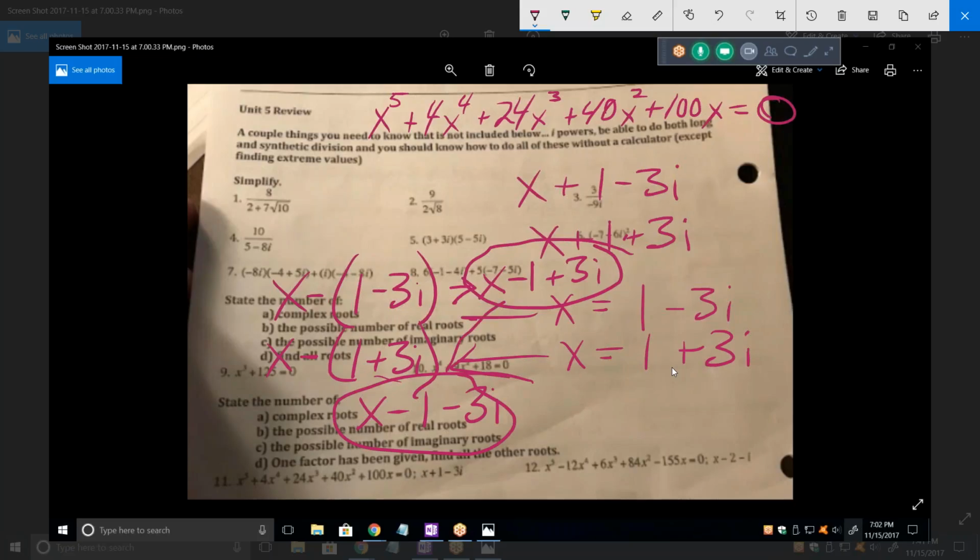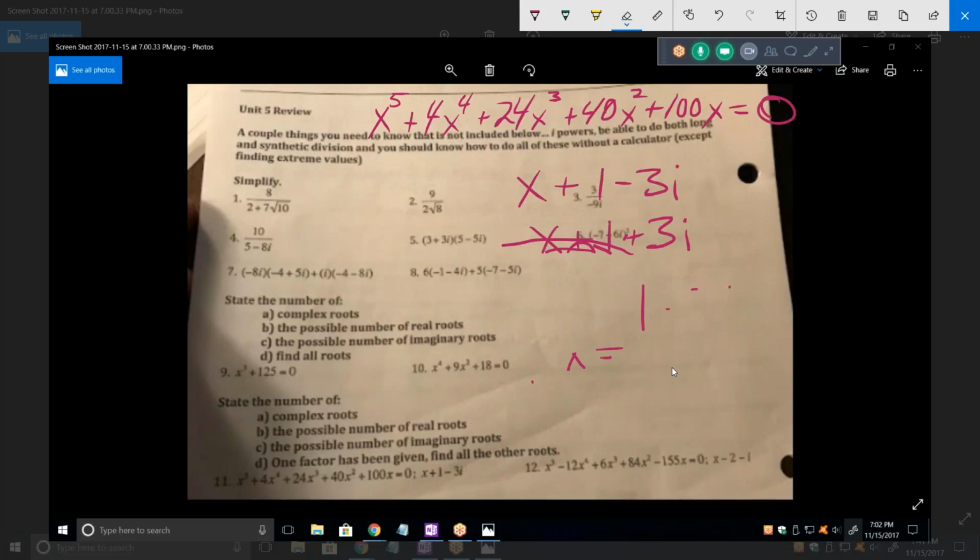So when you're trying to figure out the conjugate, the x minus 1 doesn't change. What changes is the sign on the i. So that's why when they give us one factor, I know the other factor, I won't call it the conjugate, but I know the other factor has to start out like that, and then I got to change the sign on the end part only.